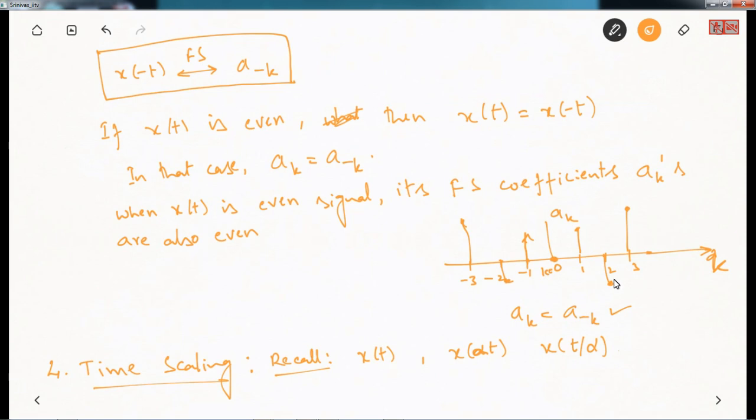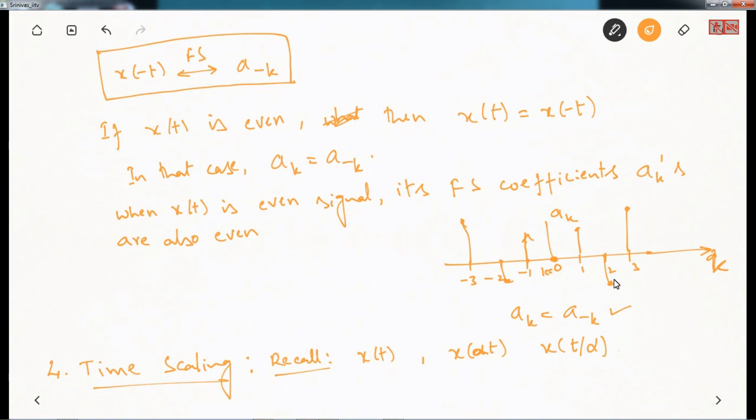In time scaling, either it stretches the signal along the time axis, or it compresses the signal, right? That means time scaling a signal will change its fundamental period. So if a signal gets compressed along the time axis, then what happens to its period? Does the period increase or decrease?